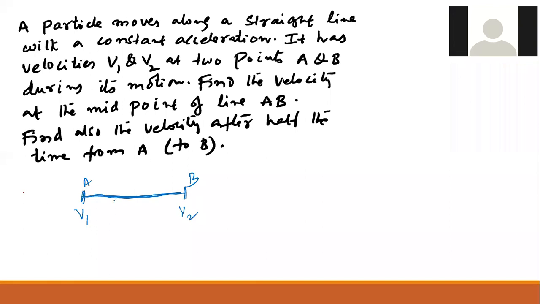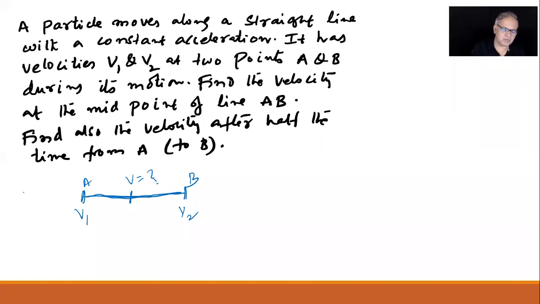So, he's asking you the velocity at the midpoint of AB. Some unknown velocity v we need to find out. You couldn't have said that at the midpoint it is (v1 plus v2) by 2. Can you? Can you say that? We don't know. Let us see.